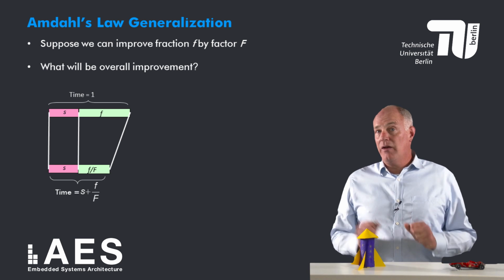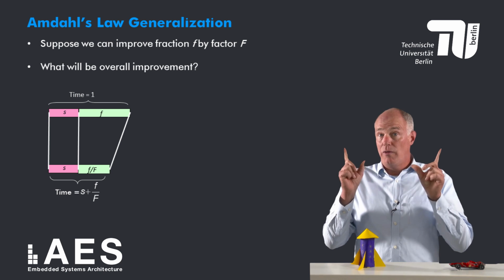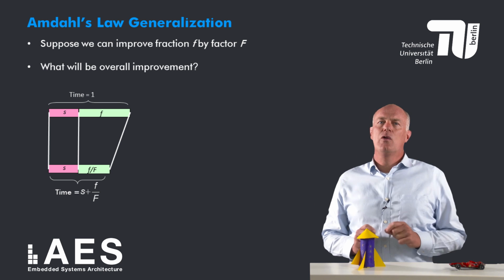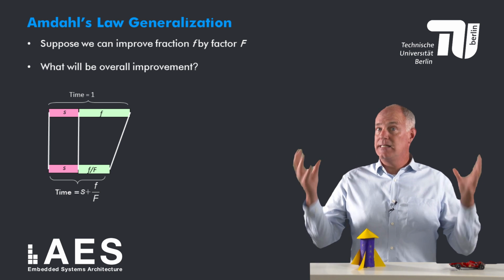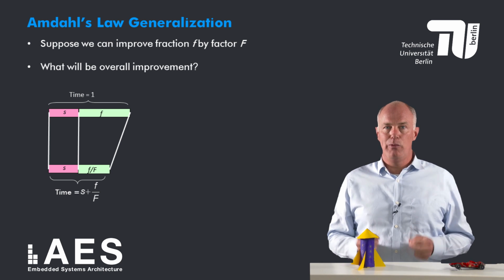Again, we can draw a figure as before. The green part corresponding to a fraction of small f is the part we can improve. The red part corresponding to a fraction of s equals 1 minus small f is the part we cannot improve.